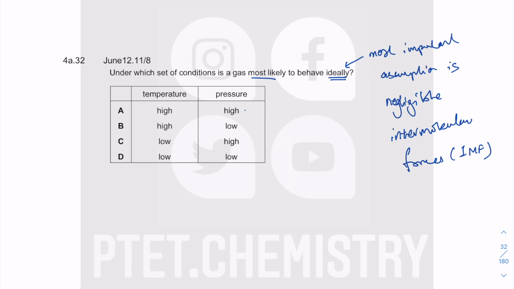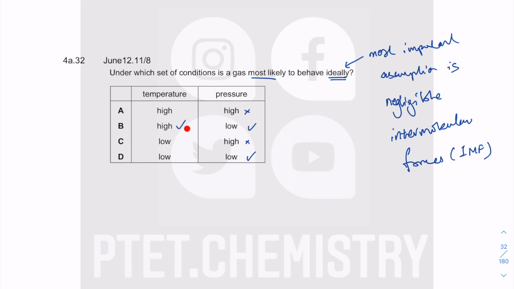So you don't want high pressure, you want low pressure where the molecules are much further apart, where there will be negligible intermolecular forces, or at least very minimal forces of attraction between the molecules since they are so far apart. And you also want that to happen at high temperature, because at low temperatures the gaseous particles would have very little kinetic energy, so they won't move as far apart from each other, therefore they'll be closer together, giving you non-negligible intermolecular forces.